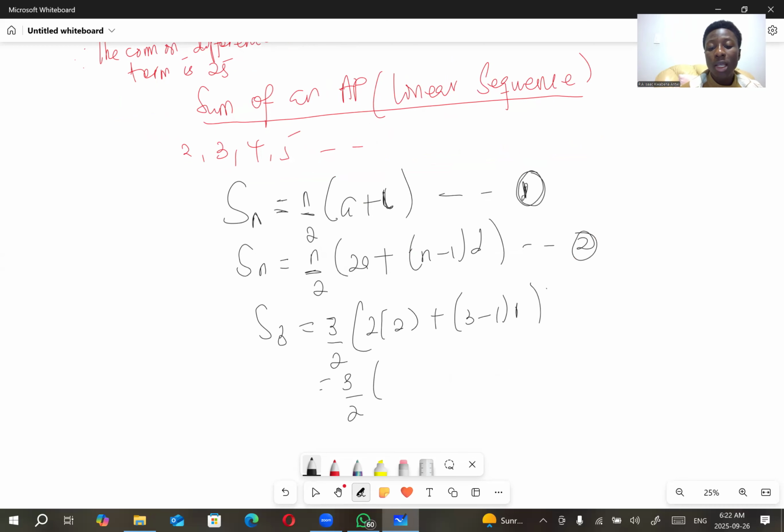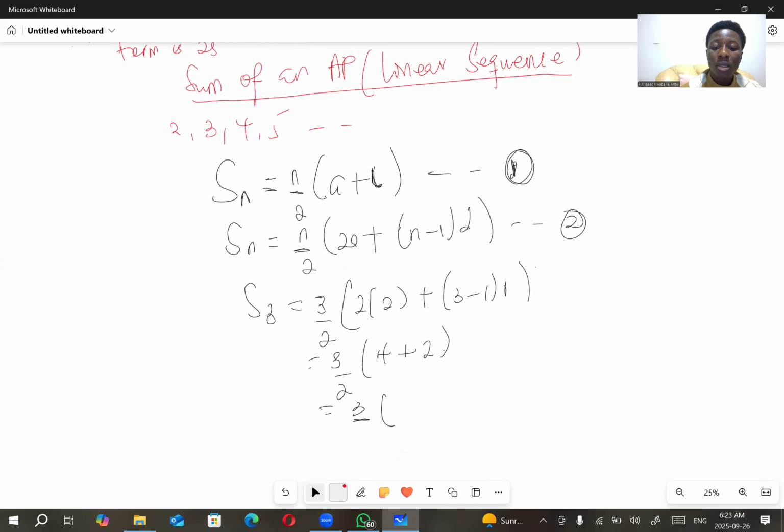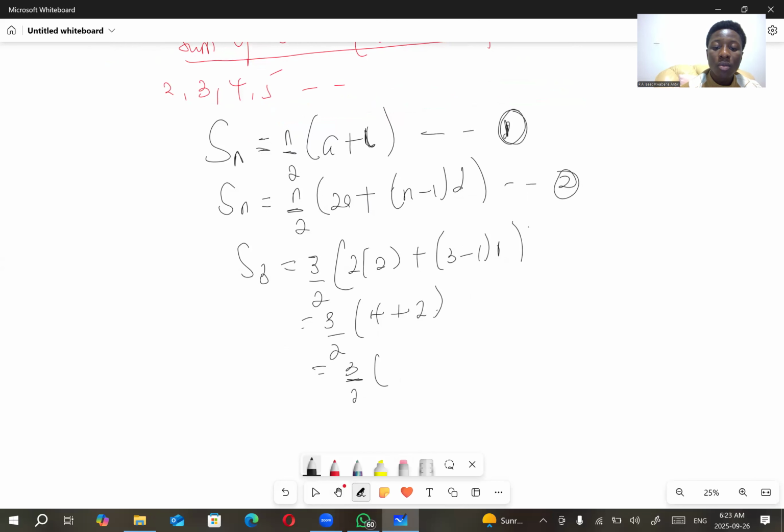So 3 over 2 into brackets. In the bracket, you have 4 plus 2 times 1, which is 2. And so you end up having 3 over 2 into bracket 6.